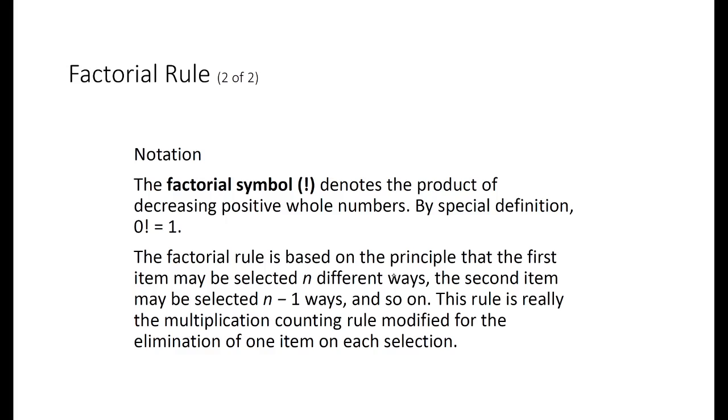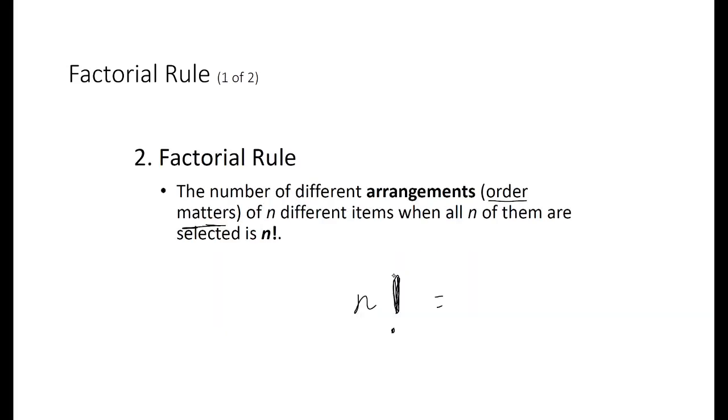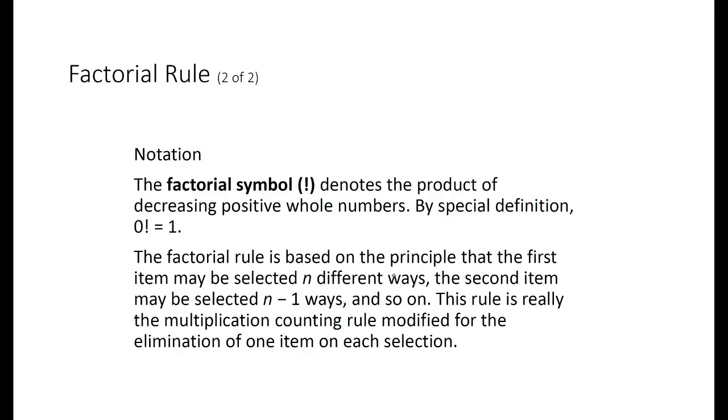It's the multiplication starting from the whole number n times the next number n minus 1 times n minus 2, keep going until you get 1. There is one thing you have to keep in mind: for the factorial symbol, 0 factorial is equal to 1. That's how we define 0 factorial.